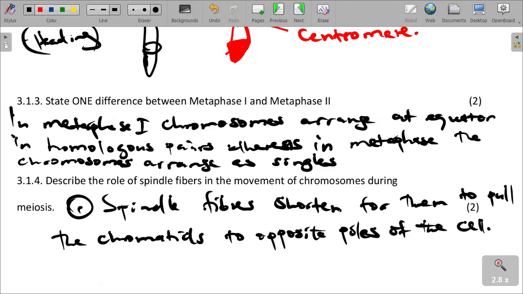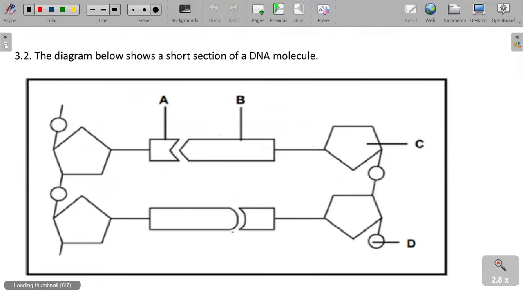That's the function of the spindle fibers. As they shorten, they are shrinking, becoming smaller, contracting towards the poles. As they contract towards the poles, they are pulling the chromatids to opposite poles of the cell. That's the function of these spindle fibers.